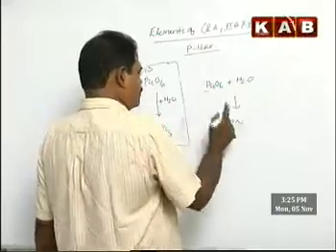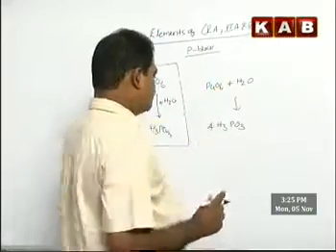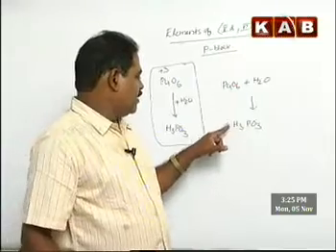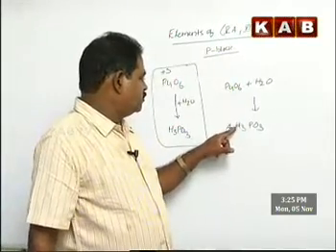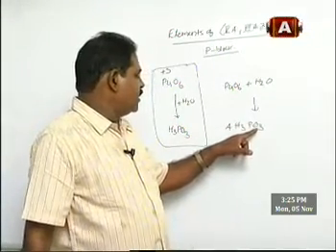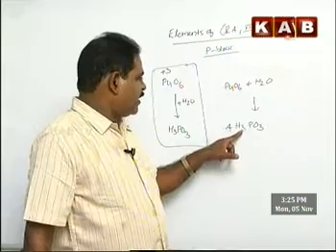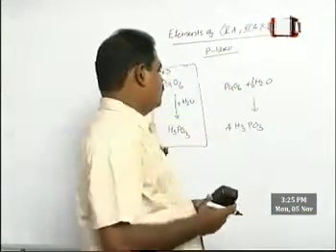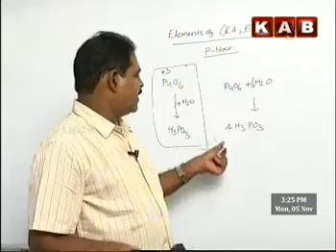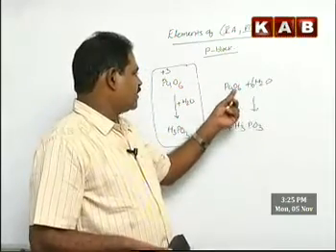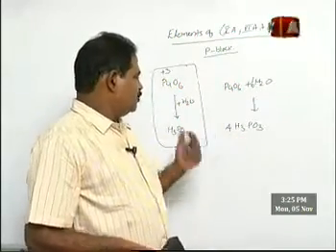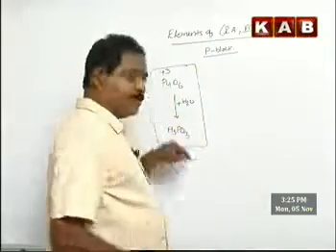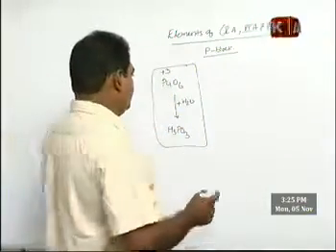Since you have 4 phosphorus here, you take 4 H3PO3, and for getting 4 H3PO3, you need 12 oxygens and 12 hydrogens, so you write 6 here. Is it still balanced? I don't think it is balanced yet: 6 oxygens plus 6 oxygens. So, forget the balanced equation. P4O6 gives H3PO3.